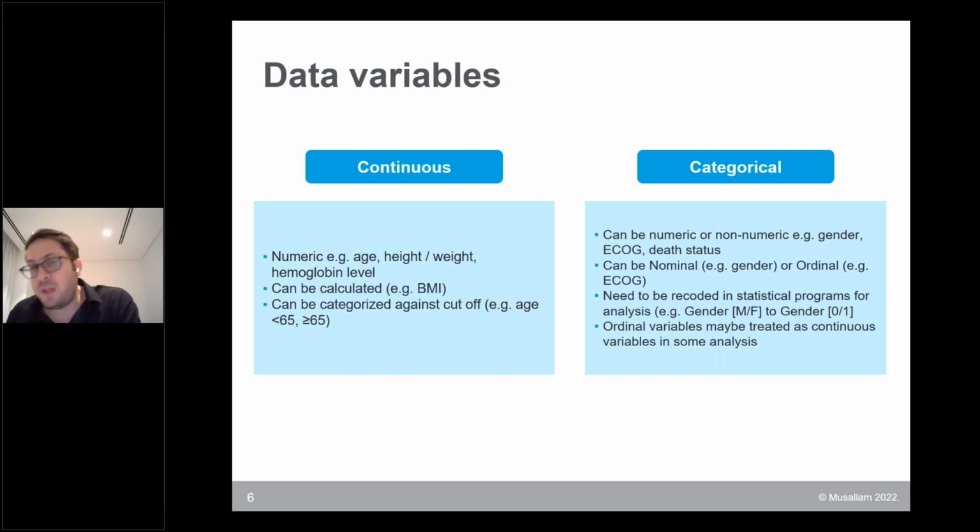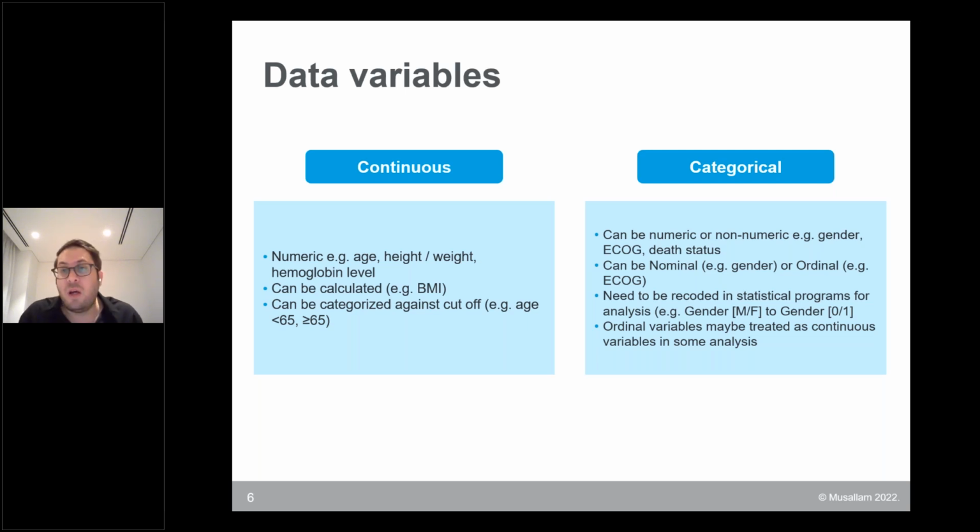When we put things in a statistical software or a statistical program, to perform analysis, you need to deal with numbers. You cannot deal with letters. You cannot deal with text. Obviously, you can always list text in those software, but when you need to do analysis, you need to convert all your variables into numbers. For example, if you have male, female listed, you have to convert those into a 0 and 1.